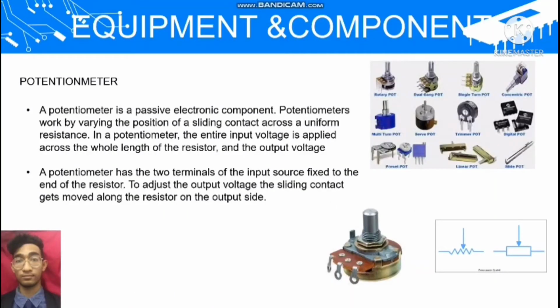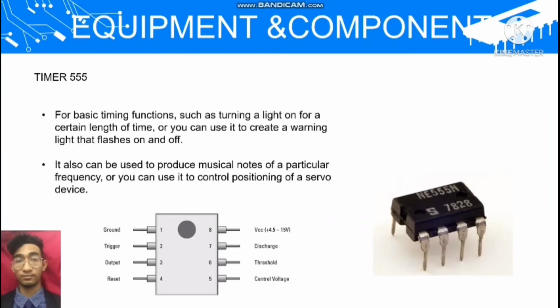Next one is the potentiometer. A potentiometer is a passive electronic component. It has two terminals of input source fixed to the ends of the resistor. Next is the 555 timer. For basic timing function, it turns a light on for a certain length of time.